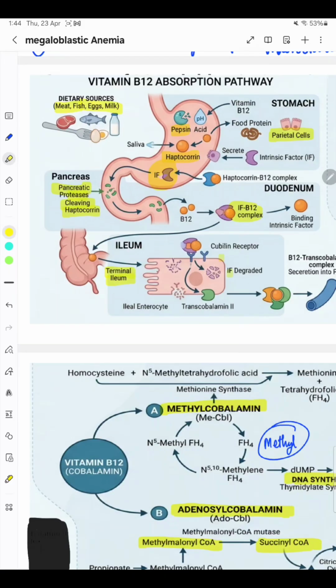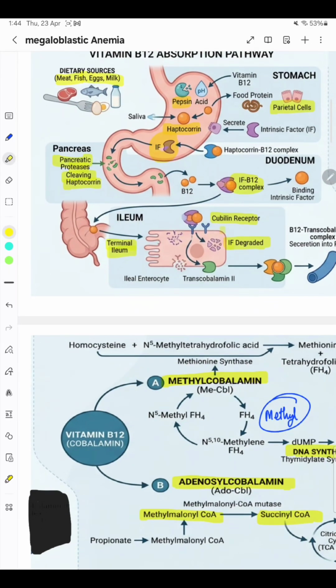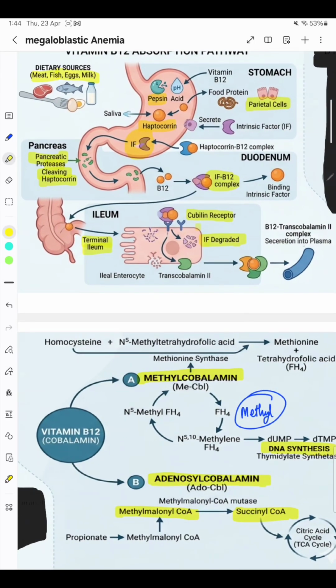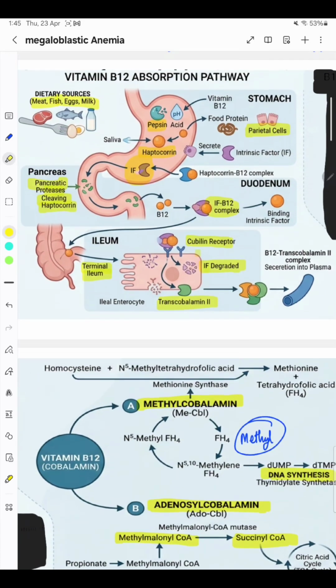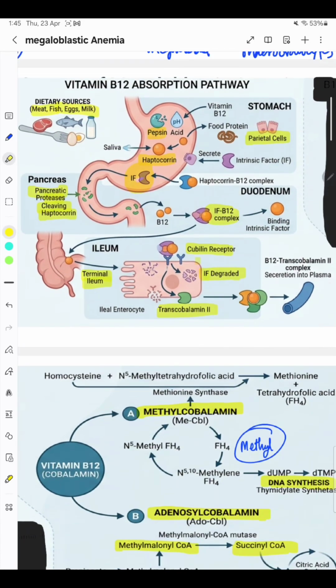Here this complex binds with the cubilin receptor on the enterocyte of the terminal ileum. This complex is engulfed by endocytosis, and inside the enterocyte the intrinsic factor is degraded and vitamin B12 is transported to the plasma with the help of transcobalamin 2. So this is the pathway of vitamin B12 absorption.